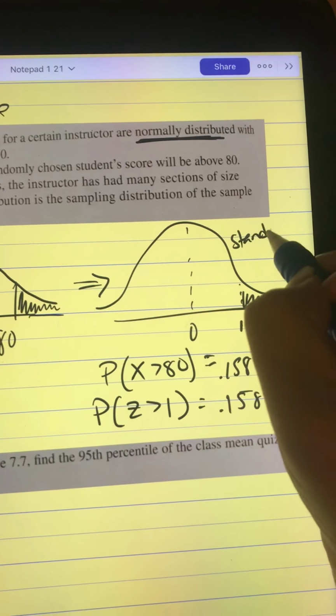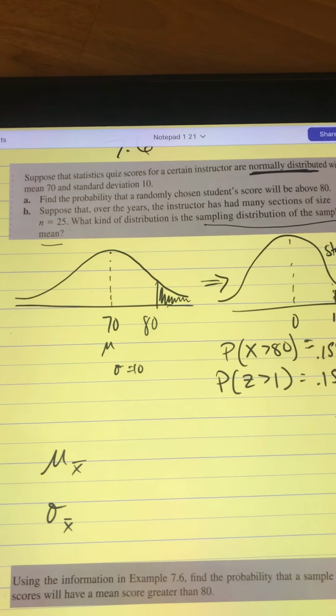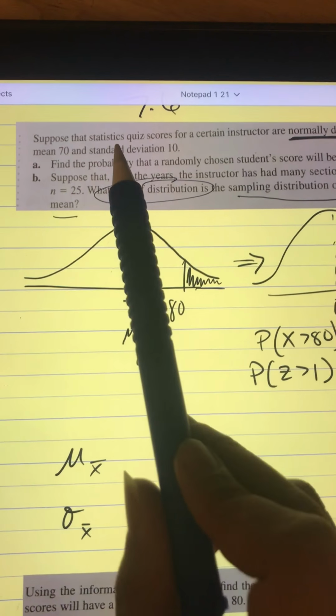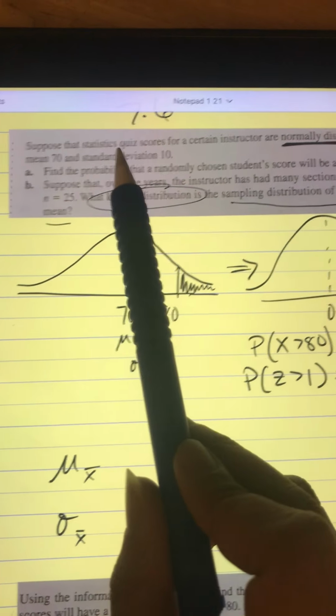So suppose that over the years the instructor has had many sections of size n equals 25. What kind of distribution is the sampling distribution of the sample mean? So earlier it told us we had a normally distributed population.